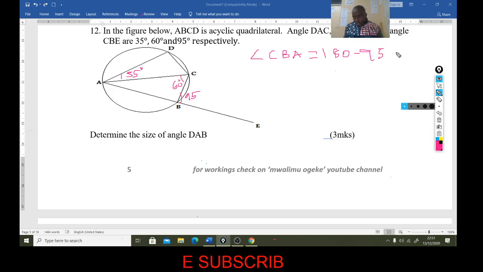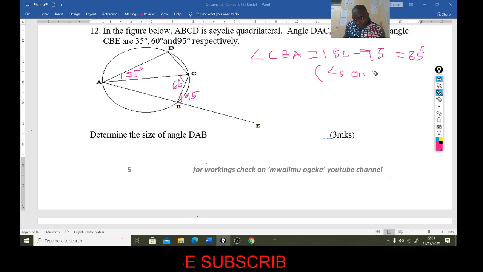That gives you 85 degrees. You must give the reason in brackets: angles on a straight line. You see there are angles on a straight line.